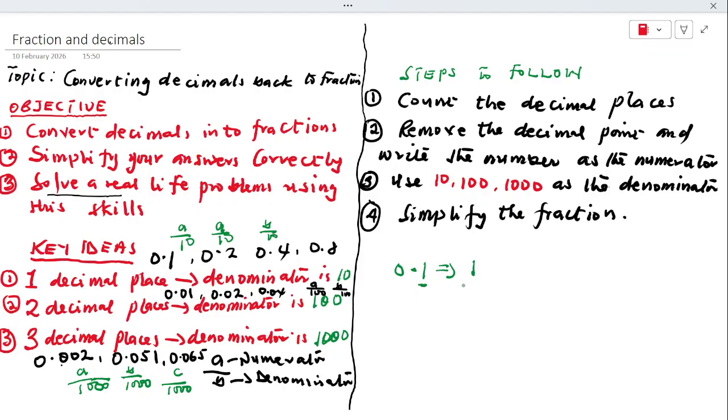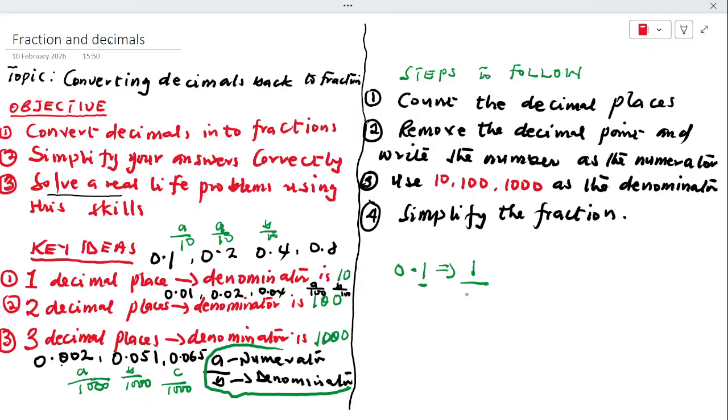Remember, the top number of a fraction is called the numerator, and the bottom number is the denominator. So if you write that number as the numerator, it will be at the top. Then the next step is to use 10, 100, or 1,000 as the denominator. As we have seen in the key ideas, any number that has 1 decimal place should have 10 as the denominator.